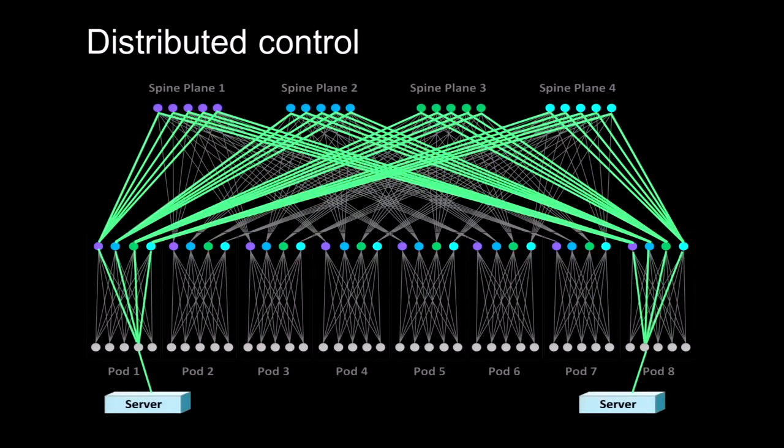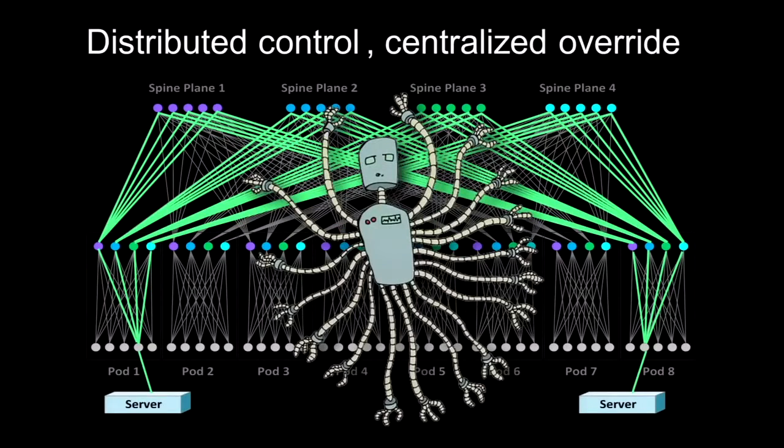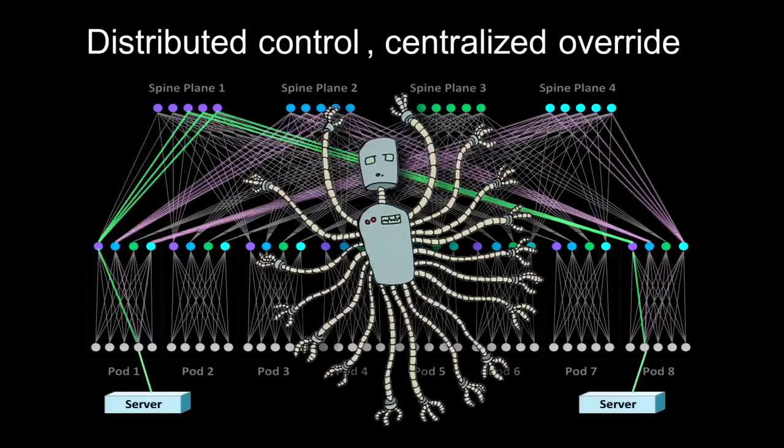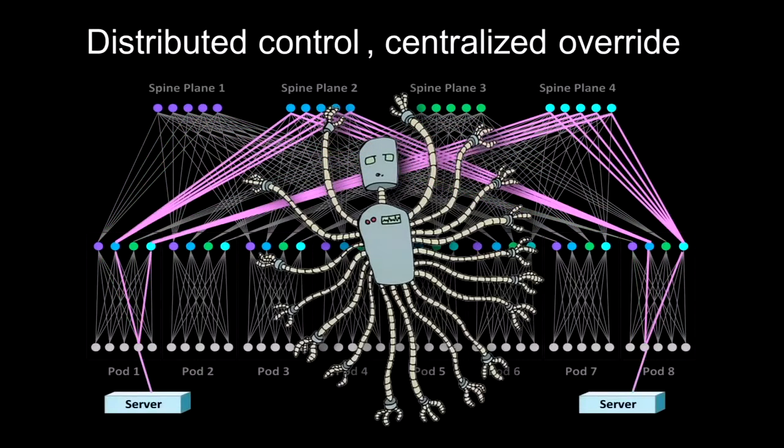We take advantage of the distributed control plane for convergence performance and for scalability. BGP is a protocol built to scale. At the same time, we have means to override the default behaviors by a centralized controller. We have a BGP controller that can customize any path on the network by injecting specific paths across large parks of devices.